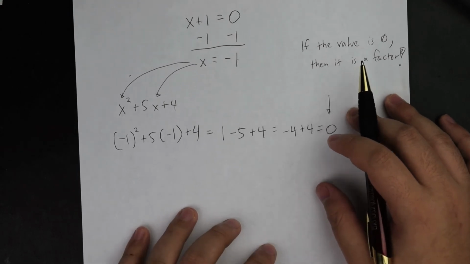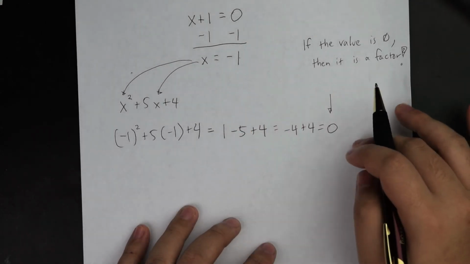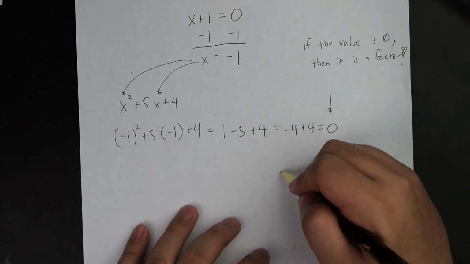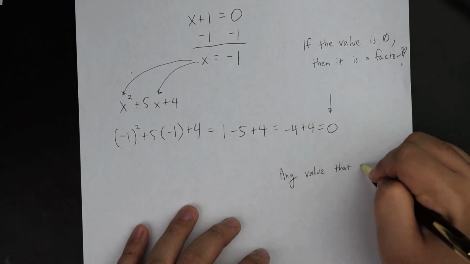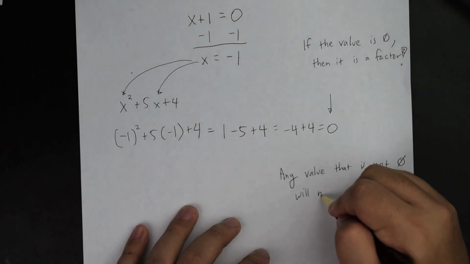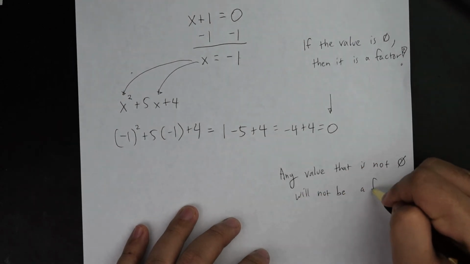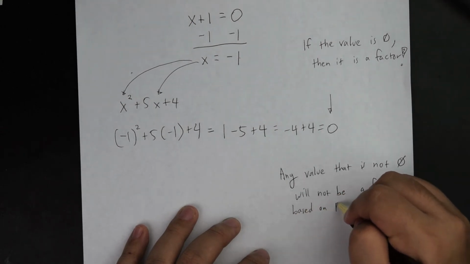Be aware though, sometimes the remainder theorem will test to see, and you might do this whole test and you might get a constant. So if you get a different constant, any value that is not 0 will not be a factor based on the remainder theorem.